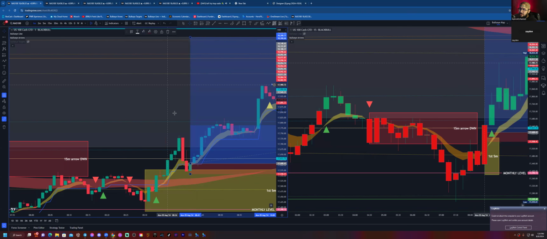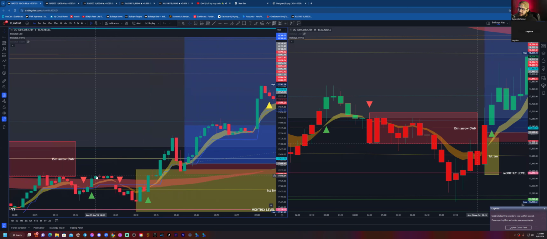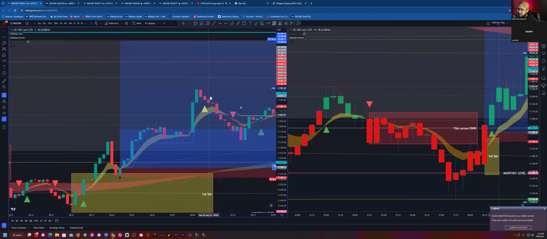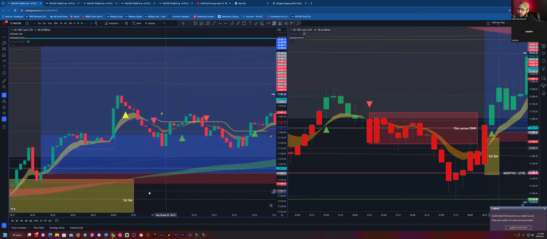Okay, and so we watch price print. It goes up and then it goes sideways. We're kind of riding with the trend of our rocket ship because our line is still blue. All right, and then we watch price retrace, gives us a little pancake fake out, and then goes sideways some more.